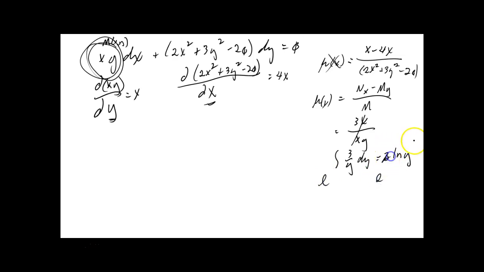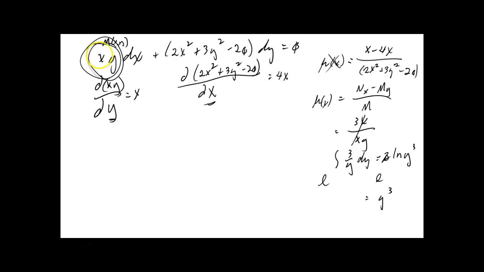Before I raise it to the e, let's make that log of y cubed. Remember, that's one of the properties of logarithms. This is just y cubed. There's my integrating factor, e to the integral of that thing. That's my mu of y.